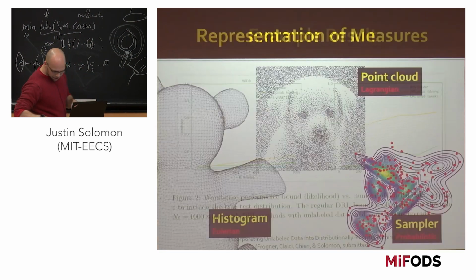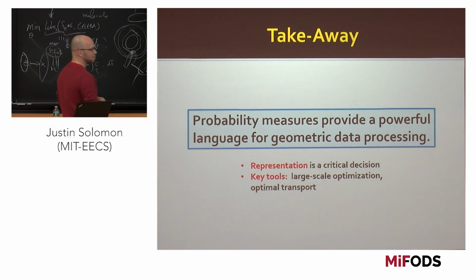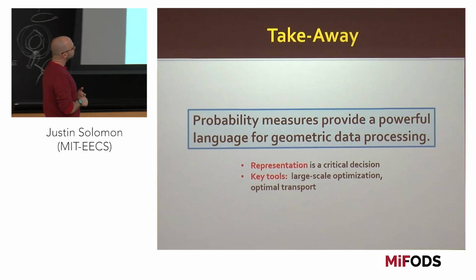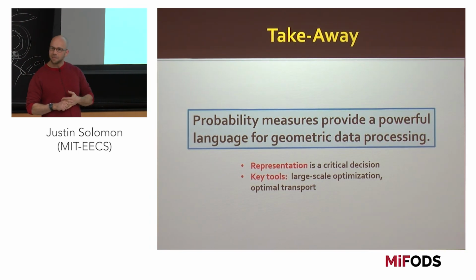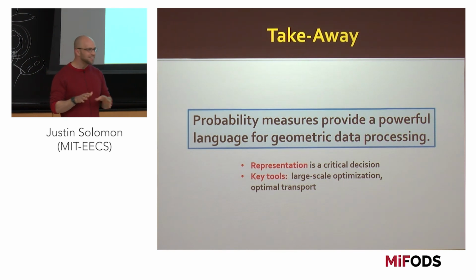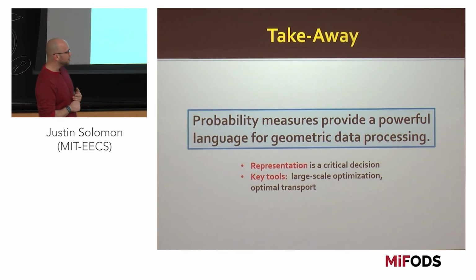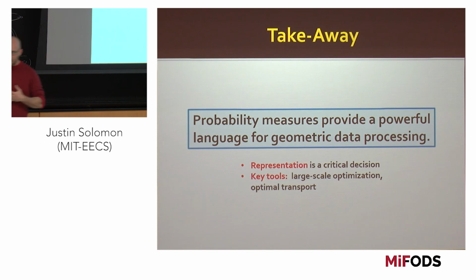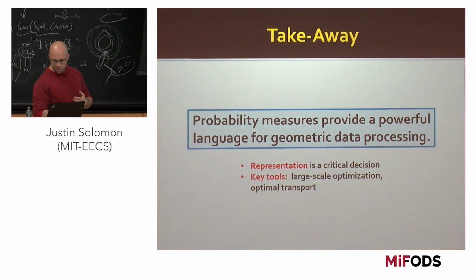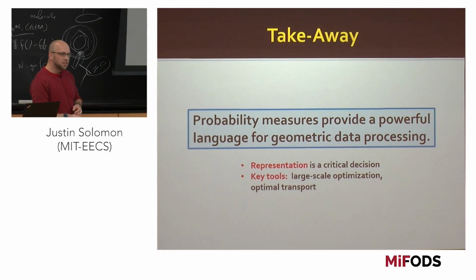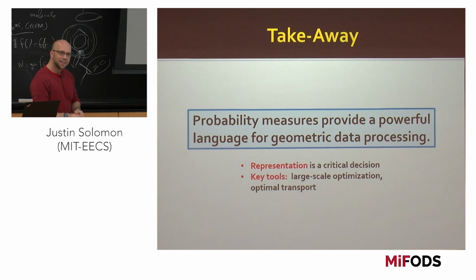So maybe with that, I'll skip over all this stuff and just give you the main takeaway here, which is that, at least from my perspective as a geometry guy who's very tentatively stepping into the statistics and learning area, measures give a really powerful language for using geometry and optimization to think about both low and high dimensional problems. And of course, the really critical decision when it comes to computation is representation, right?